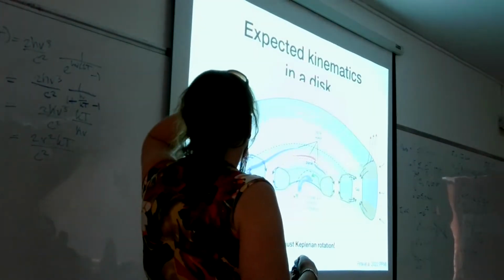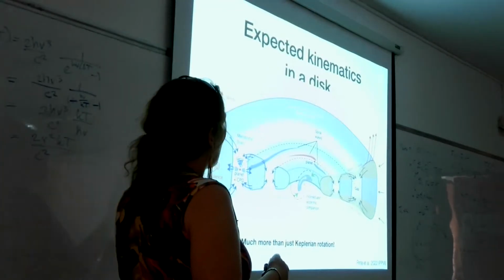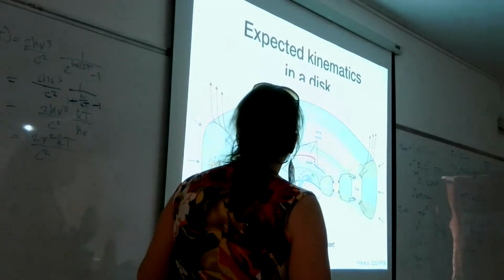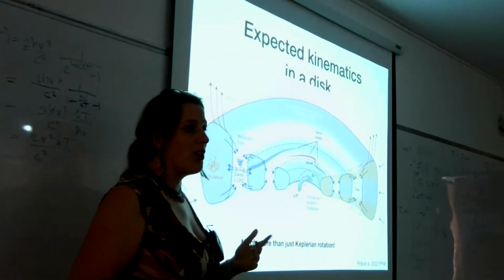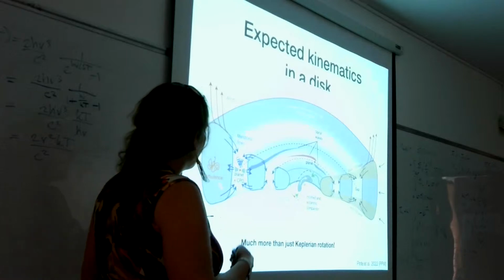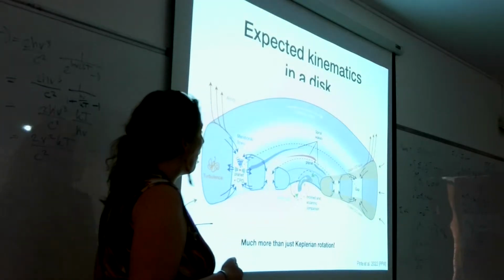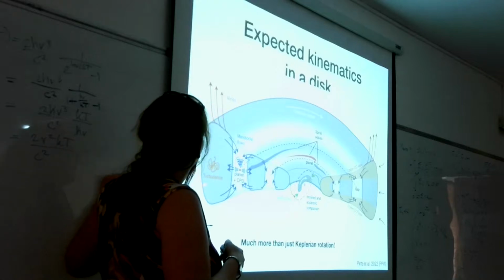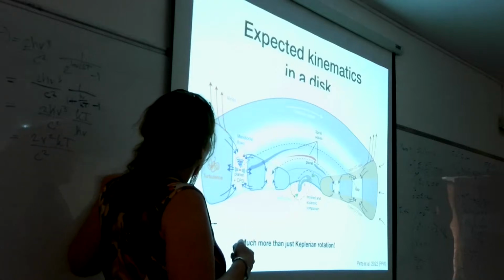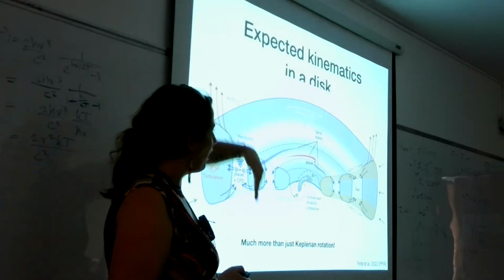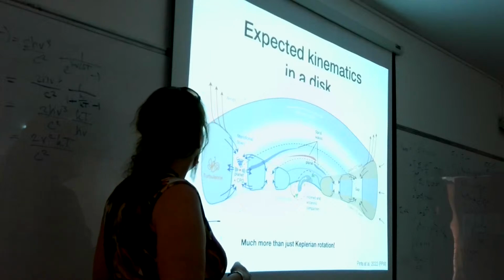So this is a nice graphic overview of the different types of kinematics that you may or may not find in this. First of all, there's of course the Keplerian motion. We've already talked about that a lot. But then there are other properties that you may be able to derive as well. So there's turbulence, like turbulent broadening, meridional flows, so essentially material that is falling vertically onto the disk.